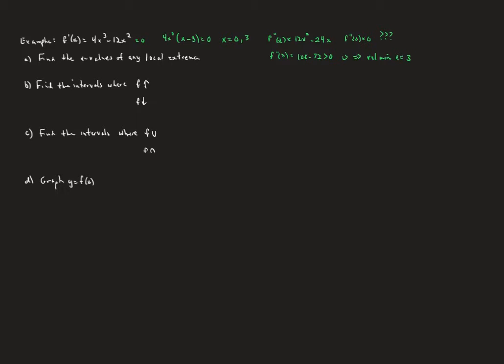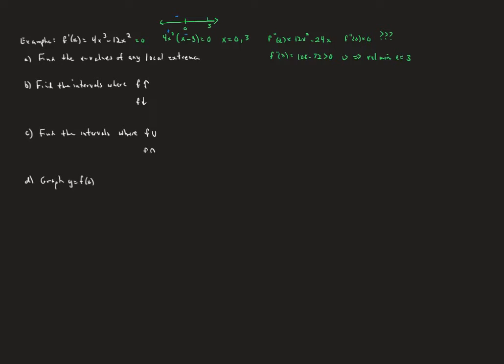So we're going to have to come back now and do the first derivative test around 0. So here's 0, here's 3. If we plug in something to the left of 0, say a negative, this is always going to get squared and be positive. A negative 1 minus 3 is negative. A positive times a negative is negative.